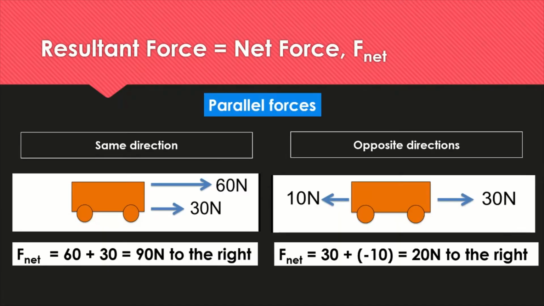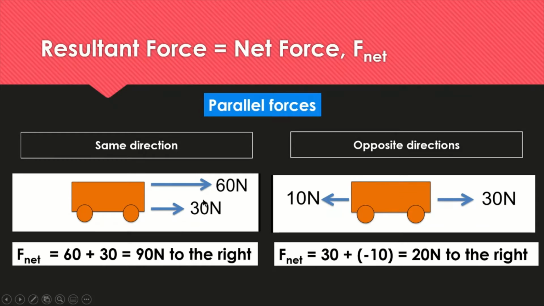Let's look at some examples. Now, if the two forces, or all the forces that act on the object, are parallel, for example, this trolley is acted on by 60 Newton and 30 Newton, and these two forces are in the same direction. They are parallel and also in the same direction.